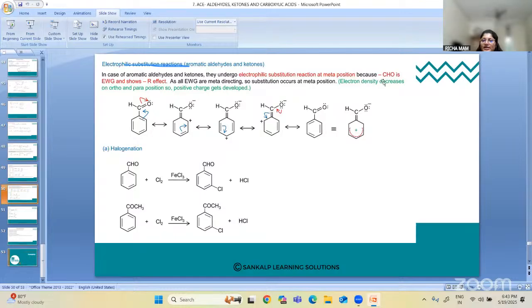Next we are going to see carboxylic acid. We are left with a very small part, the carboxylic acid. Just a second, I'll share the other PPT.